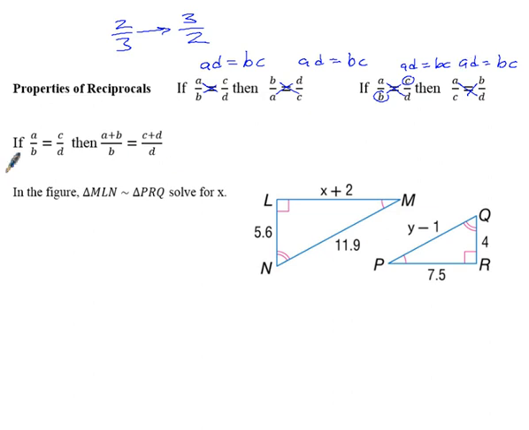This last rule is saying if I have a fraction A over B equals C over D, and I take the denominator and add it to the numerator, and I take this denominator and add it to its numerator, the fractions still hold up. So those are our 3 properties of reciprocals.